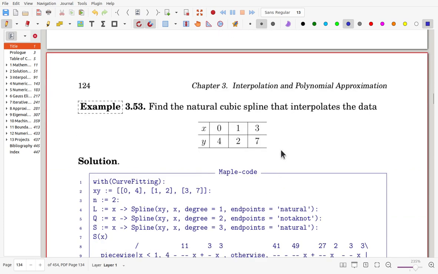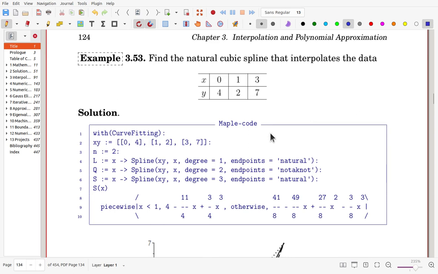Now let's see this example. Now we have 3 points, x0, x1, x2. There are two subintervals. And here we'll try to get not only the natural cubic spline, but also the linear spline and quadratic spline for the data.